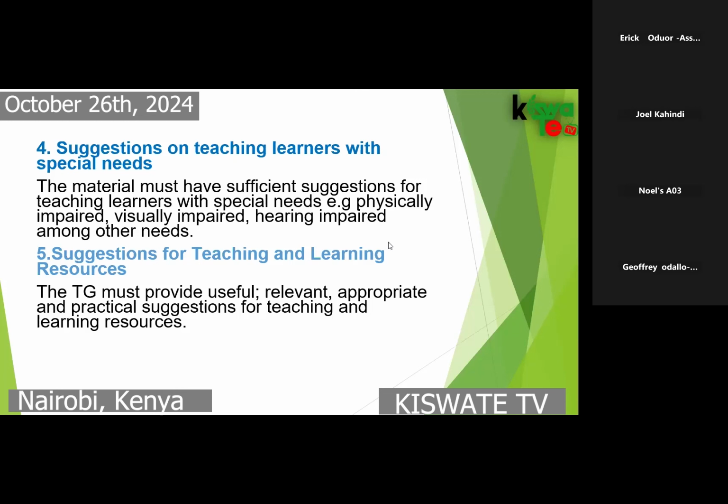Point number 3 is suggestions for teaching and learning resources. For each and every substrand, for each and every section, you need to think of what the useful teaching and learning resources are. You need to suggest: will you use manila papers? Will you use a smartphone?